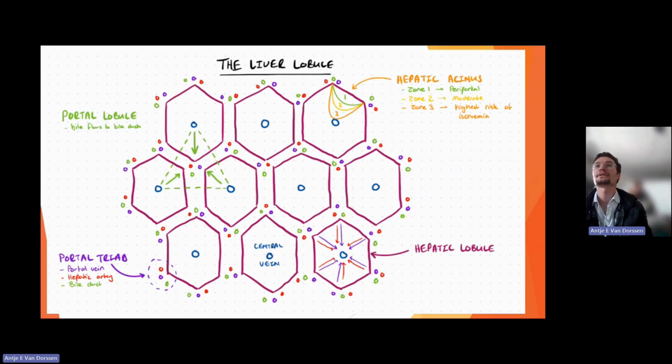Blood flows from the portal vein and the hepatic artery, the portal vein bringing with it all the nutrients and things that have been digested from the GIT to the liver for processing, and the hepatic artery bringing oxygen from the heart. That blood flows through the sinusoids towards the central venule.